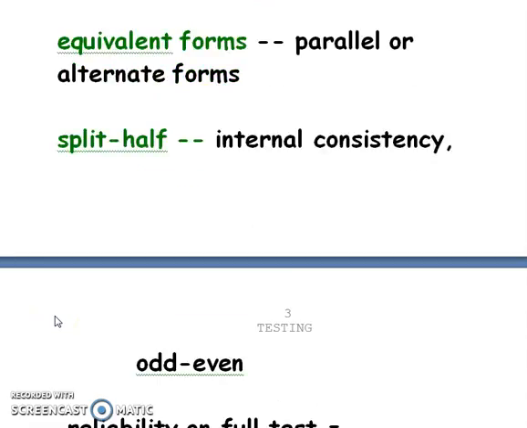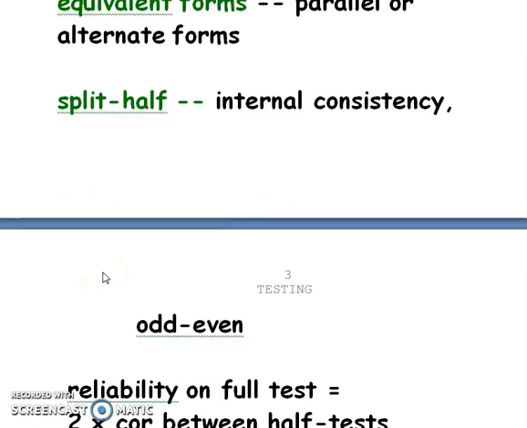There's another way of checking reliability, and that is called split half. This is only possible if you have multiple choice questions, and a lot of them. If you have 100 questions, you can imagine that the first 50 are test A and the second 50 are test B. So we're talking about internal consistency, or you can check the odd numbers 1, 3, 5, 7 against the even numbers 2, 4, 6, 8.